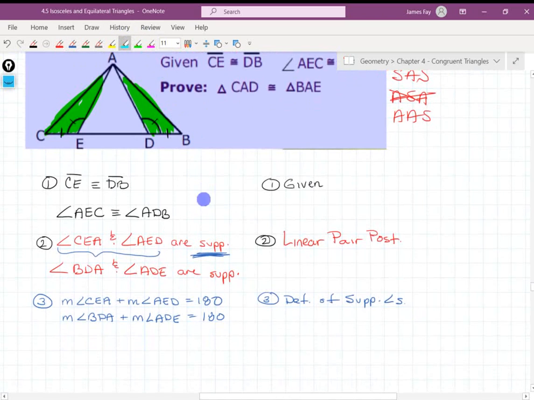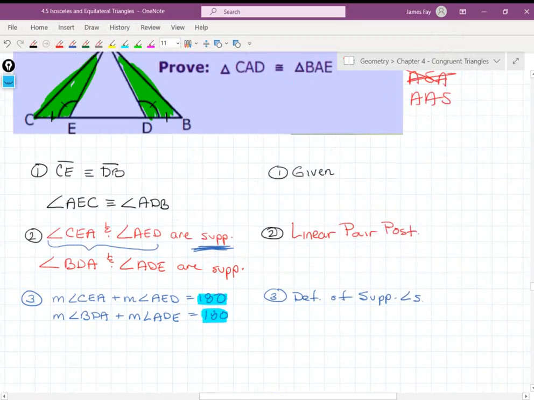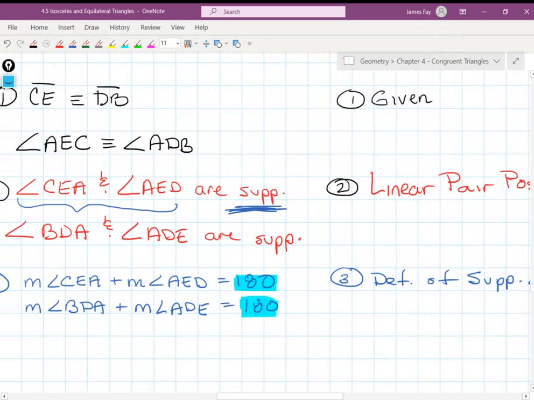Remember in the past when we saw questions that in two lines, if they both had 180, and it doesn't have to be 180, it could be about 90, and other proofs could be some other value, but if we have these two things being identical, what does that tell you about that compared to that? They're the same.